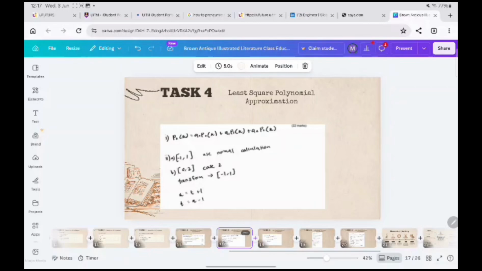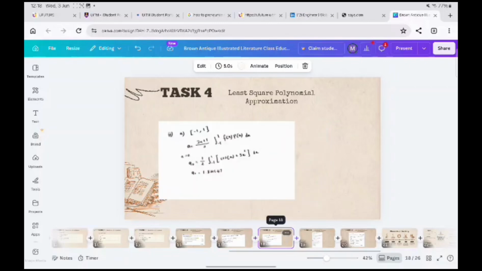For interval 0 to 2, we need to transform it into the negative 1 to 1 interval. We use x = t plus 1, which is equivalently t = x minus 1. This changes the interval 0 to 2 into interval negative 1 to 1.